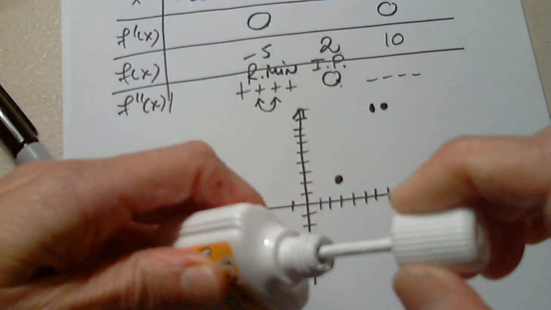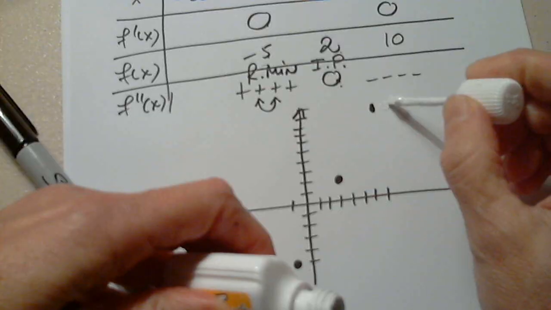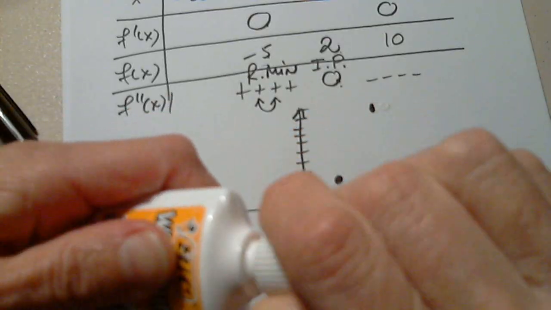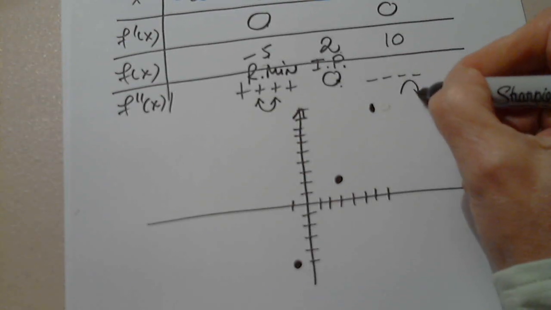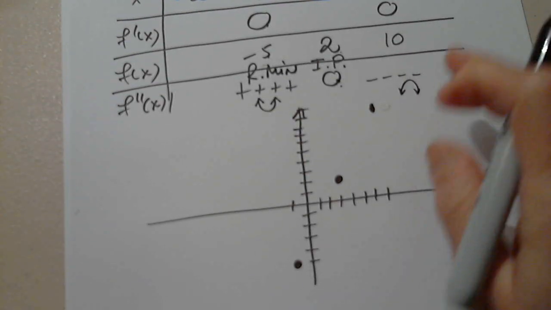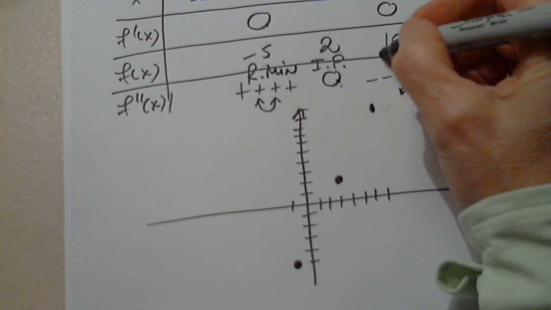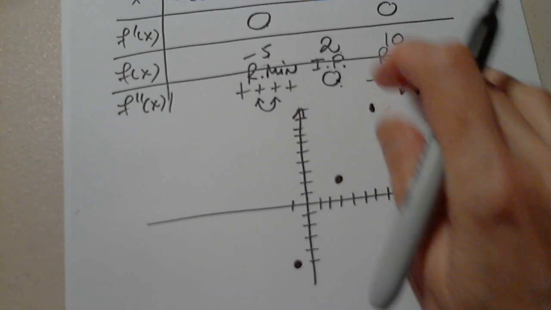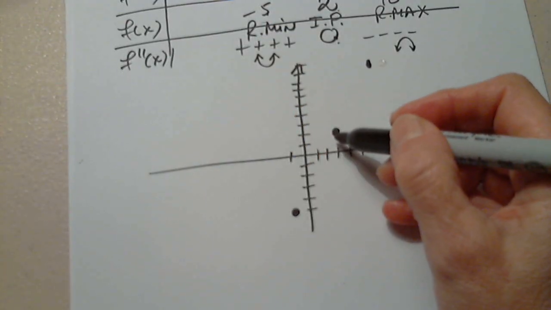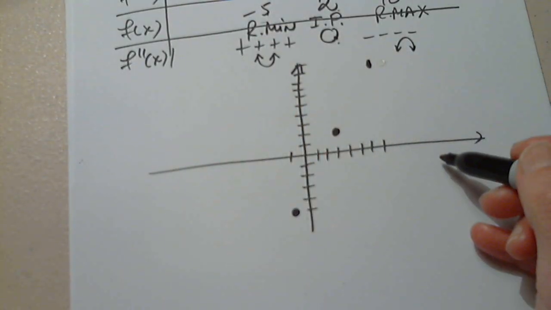So as you see, the second derivative is negative, which means that the function opens down. If it opens down and this is a critical number, this must be a relative max. There is no other way. And now I know exactly what I have to do. Relative min, inflection point, relative max, done.